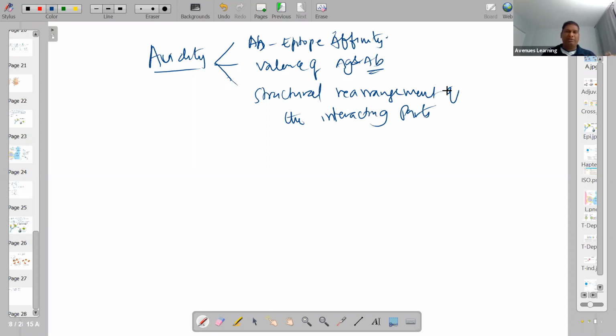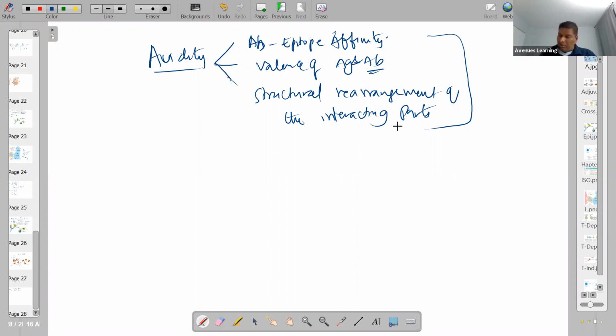If they are very rigid, not flexible enough, then you don't see a lot of interactions happening. But if they are more flexible, then they can twist and turn themselves and end up in several different kinds of interactions. So these are the three factors which influence the avidity of an antigen-antibody interaction.